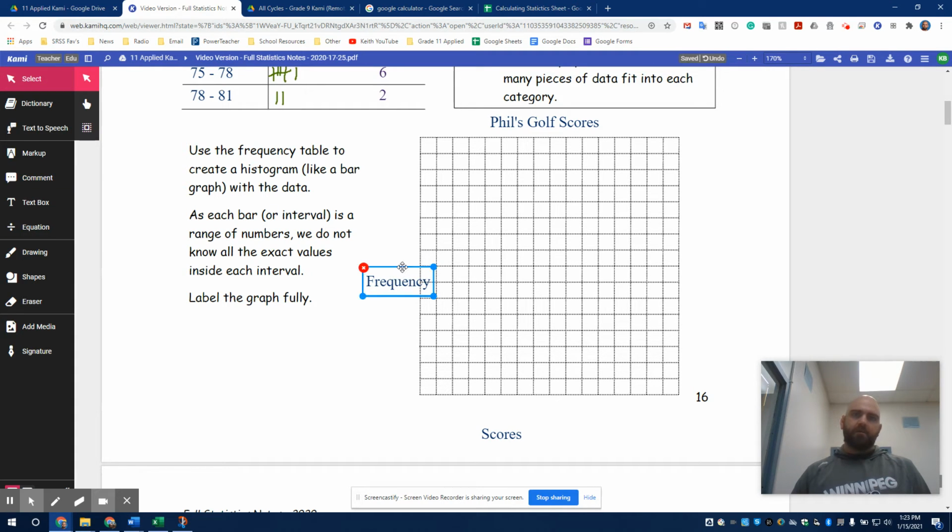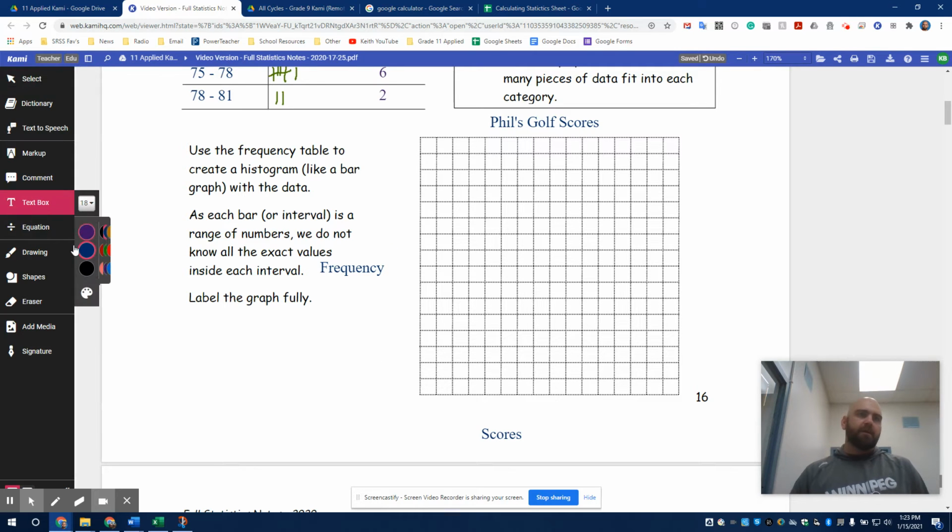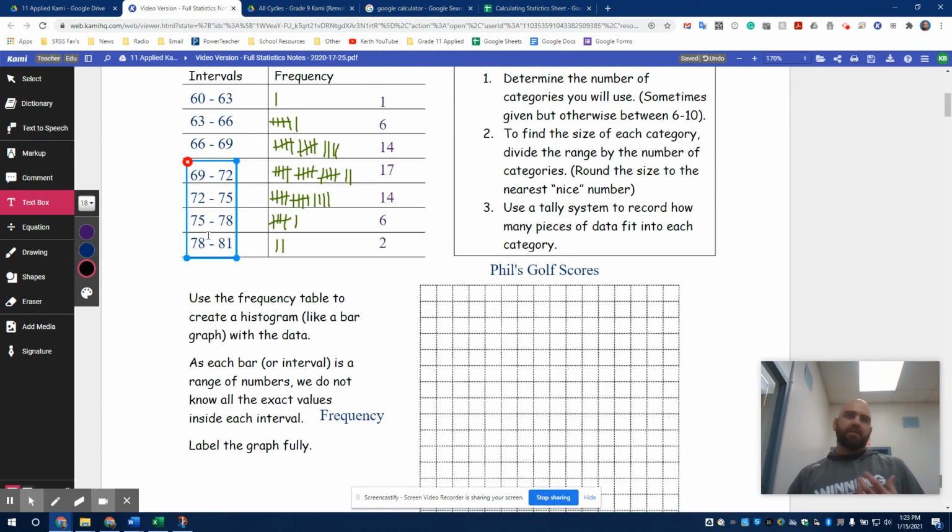I'm going to try something here. Just checking to see if I could flip that upside down or turn it around. Didn't look like it. All right, and then we've got to put all of our values on here. So on the bottom, our scores are going to be these intervals here.